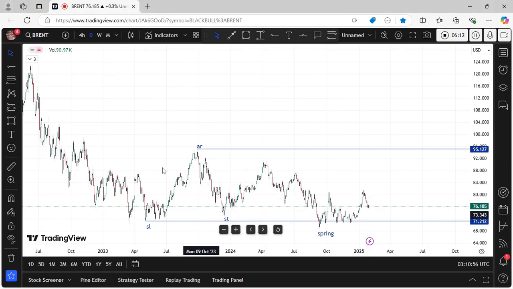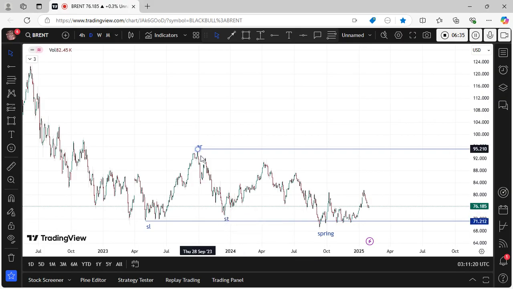Now, this forms your trading range. The points between your selling climax and your automatic rally form your trading range. After spotting your trading range, the next thing to do is spot your secondary test, which is here.